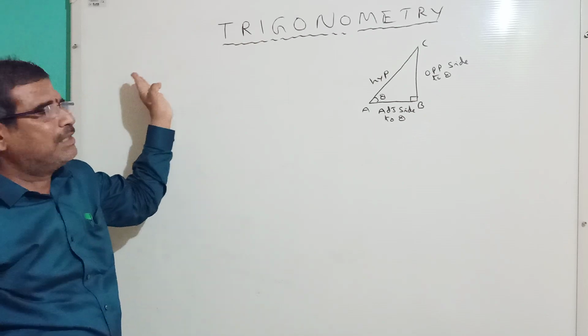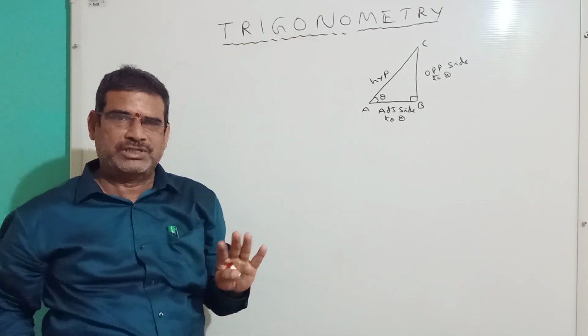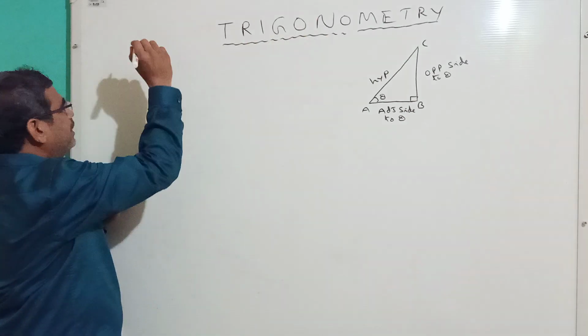So generally trigonometric ratios are 6.